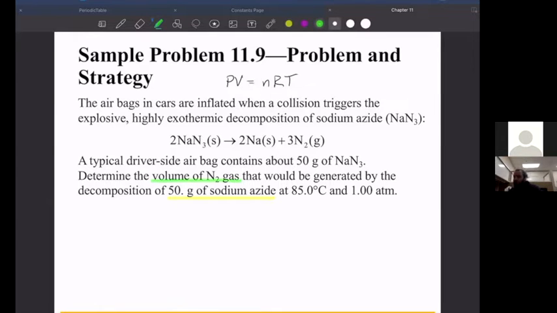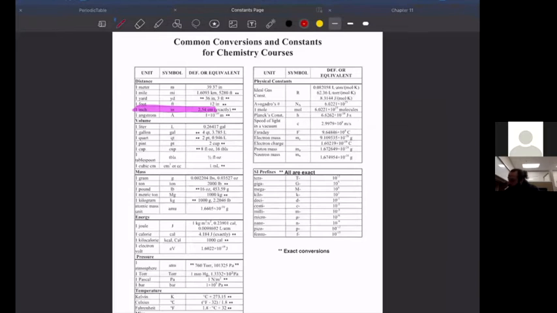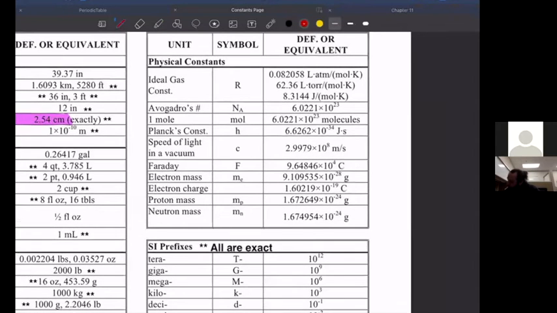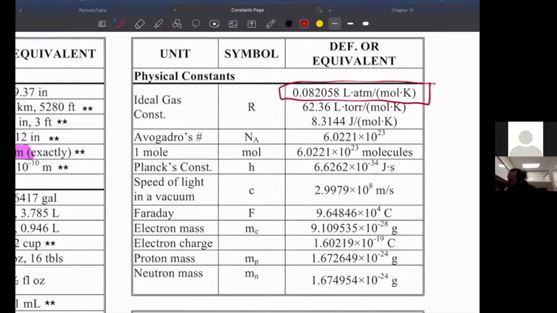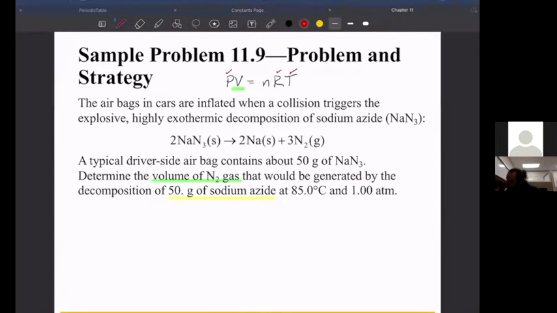So we're going to use our balanced chemical equation to figure out moles of nitrogen gas, and then we can get the volume because we have our other variables. The pressure is given, the temperature is given, and R we always know from our constants page. So two steps. First, figure out the number of moles.